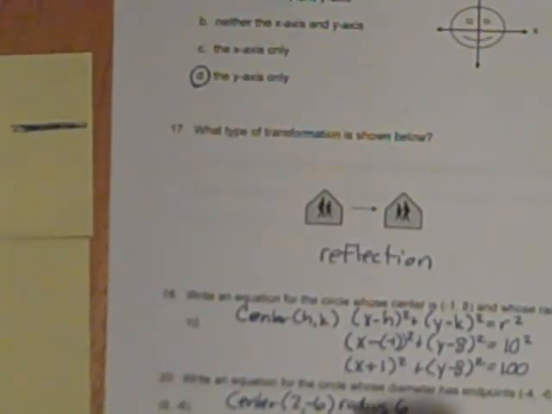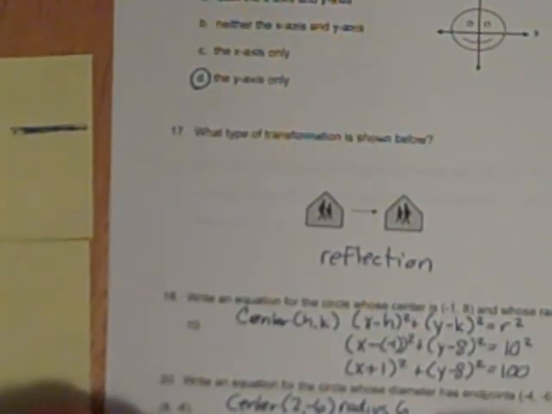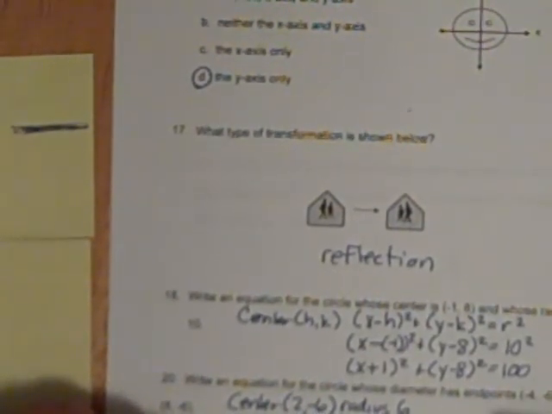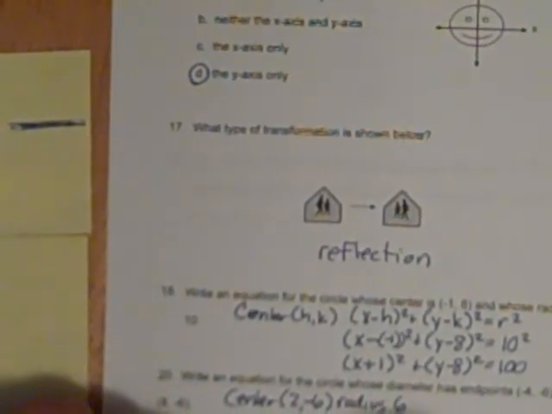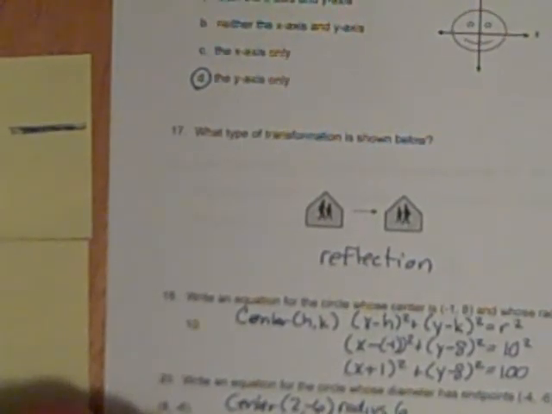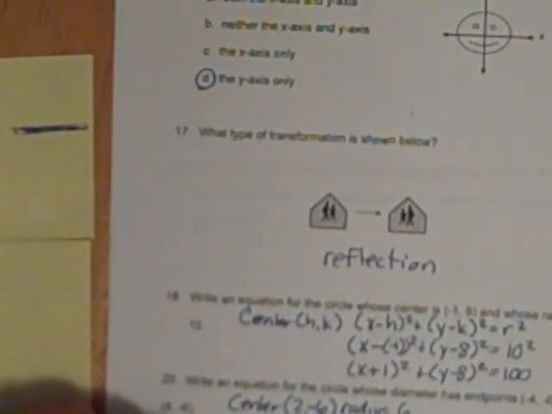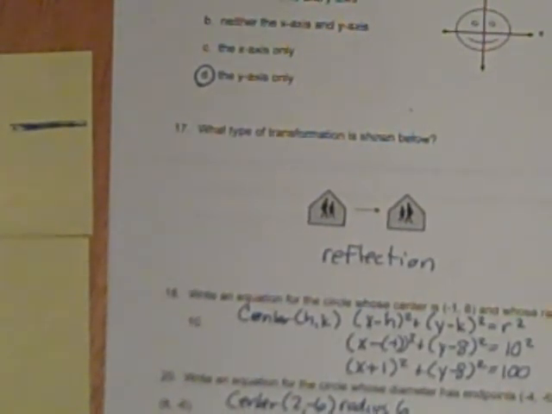So it'll be (x minus the x-coordinate, which is 2) squared, plus (y minus the y-coordinate, -6) squared, equals the radius, which is 6 squared. Simplifying, (x minus 2) squared plus (y plus 6) squared equals 36. And that is the equation of that circle.